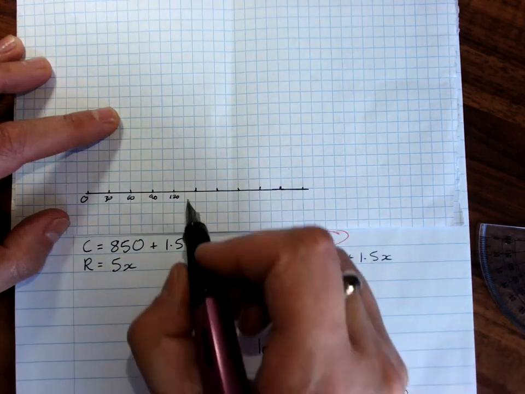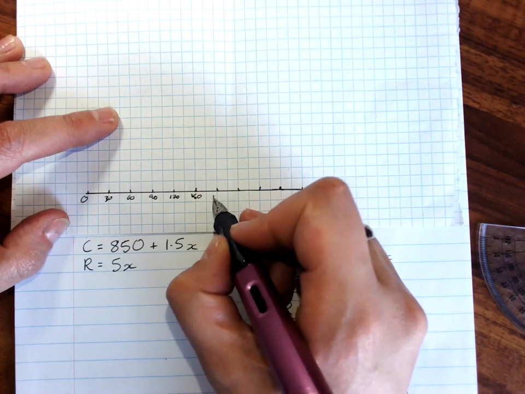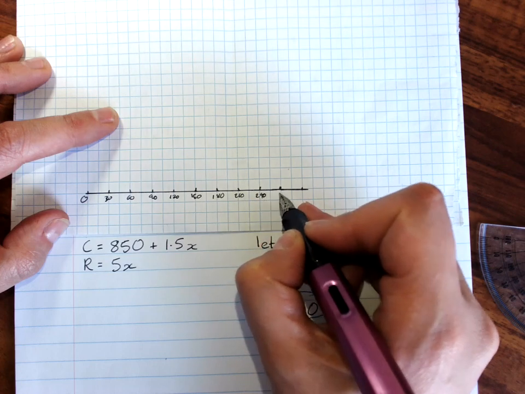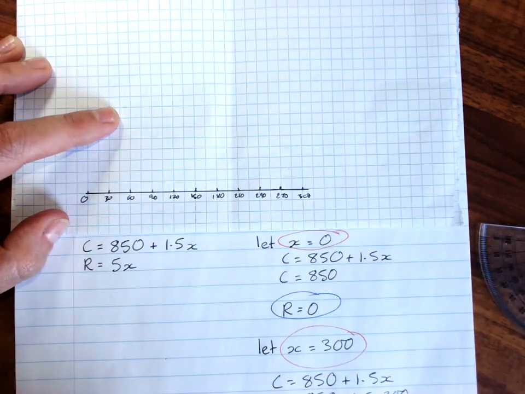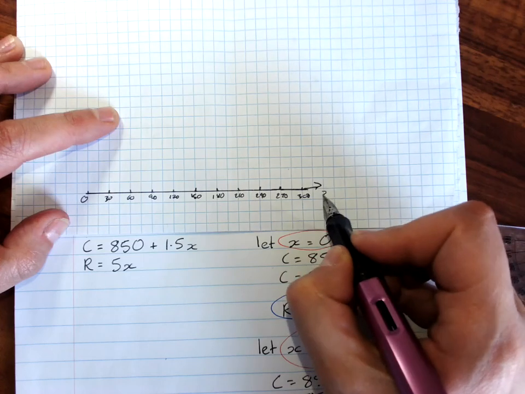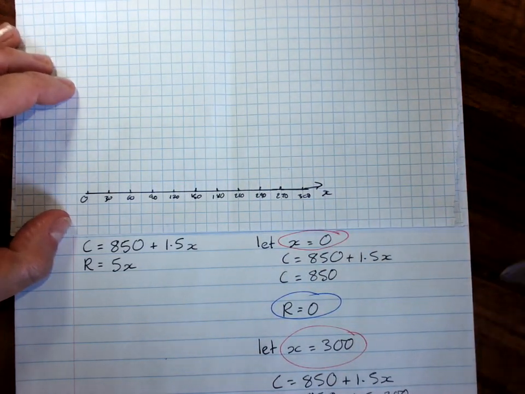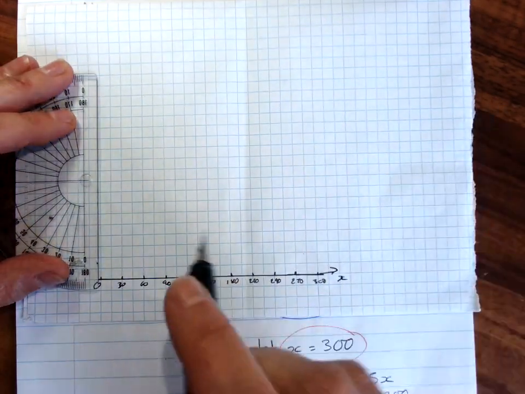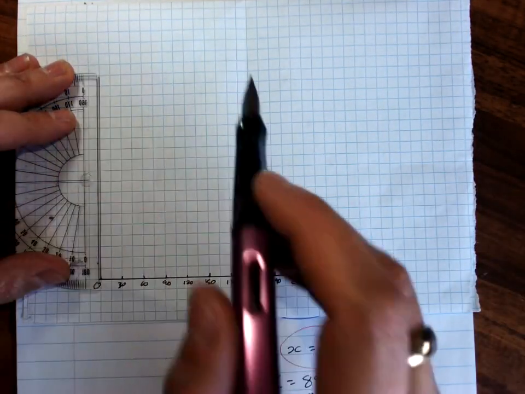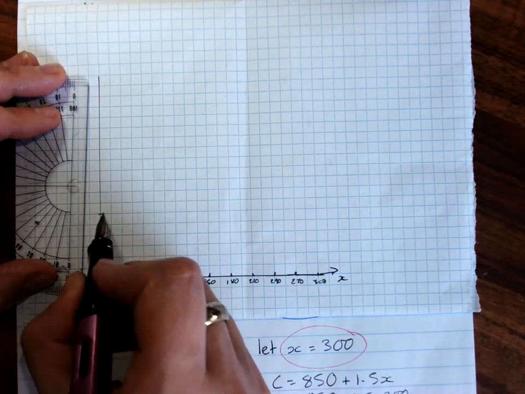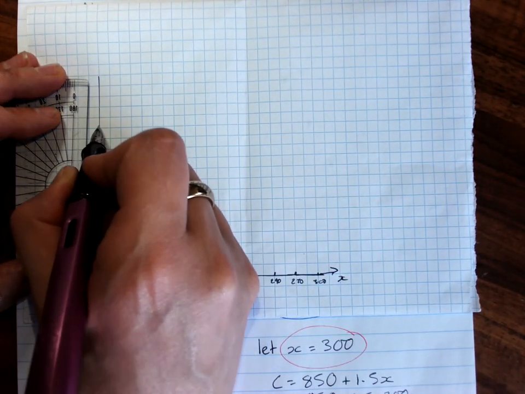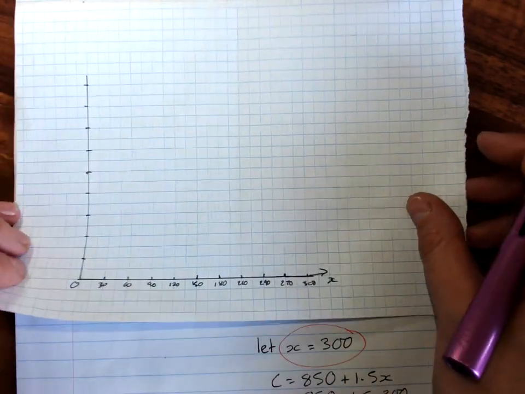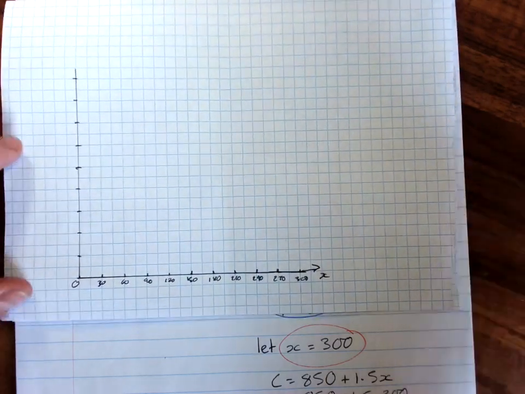You could go up by 50s, would be easier. But you know, there we go, X. I've got to get my Y value all the way up to 1500. So chances are I'll use 15 centimeters and make each of them 100. I might run out of space. So let's make them 200.